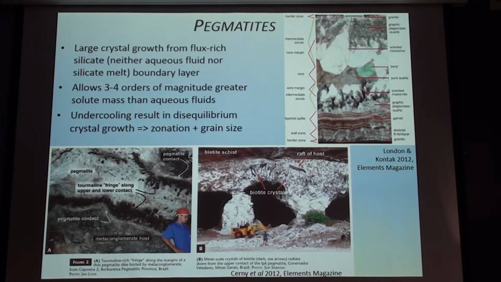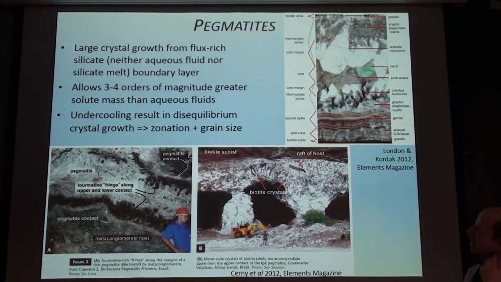And they've been explained by crystallization not from aqueous fluids, not from silicate melts, but from some kind of flux, which allows basically larger degrees of metal solution or elemental solution.